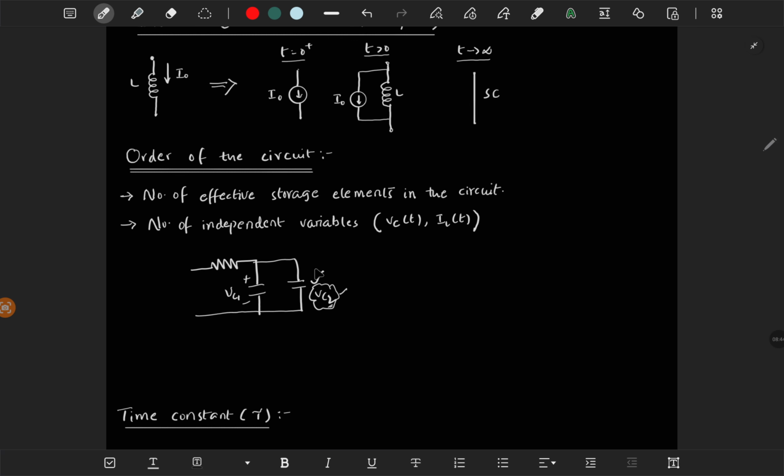If you take any one as an independent variable, then the other depends on it. So it is the number of effective storage elements, the number of independent capacitor voltages or independent inductor currents. That is how we can define the order of a circuit.